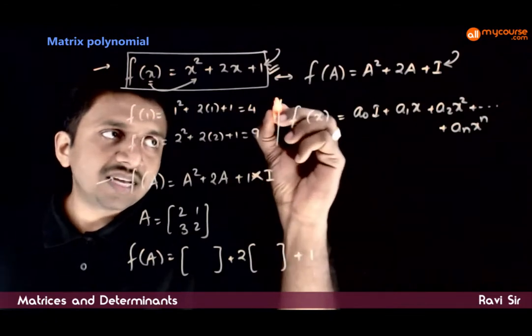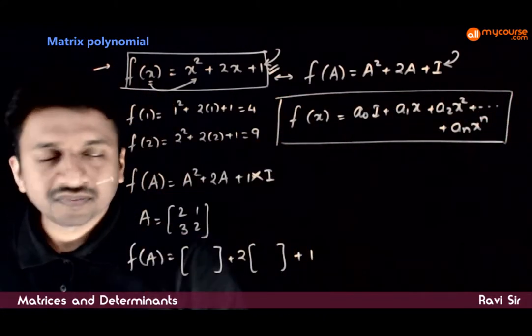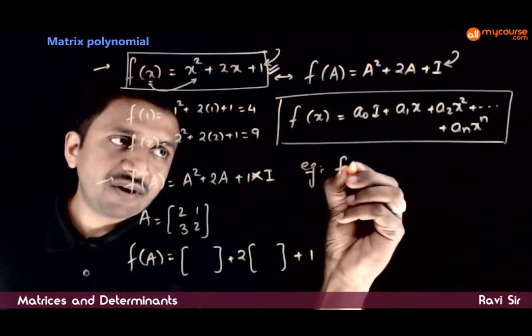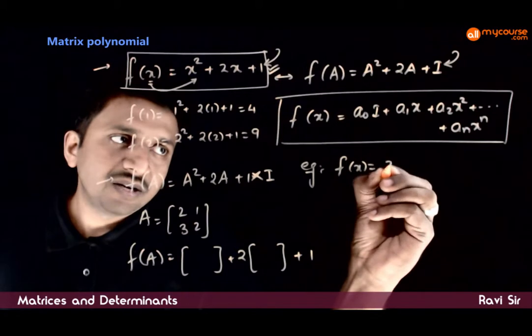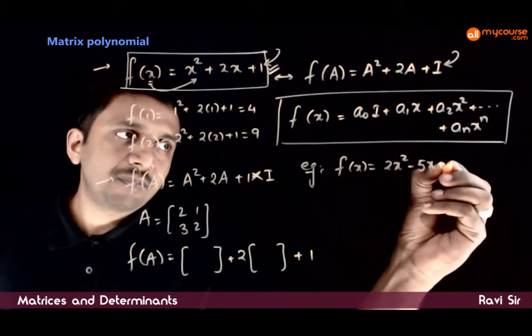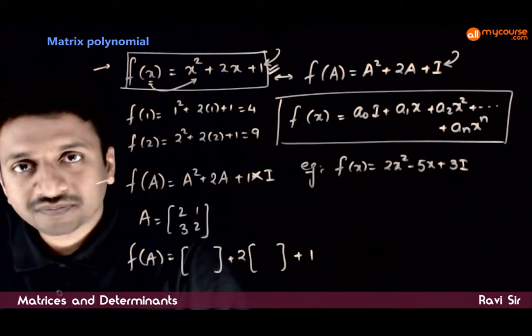This is an example of a matrix polynomial. And to go to a specific example, f of x can be thought of as 2x square minus 5x plus 3I. This is a matrix polynomial.